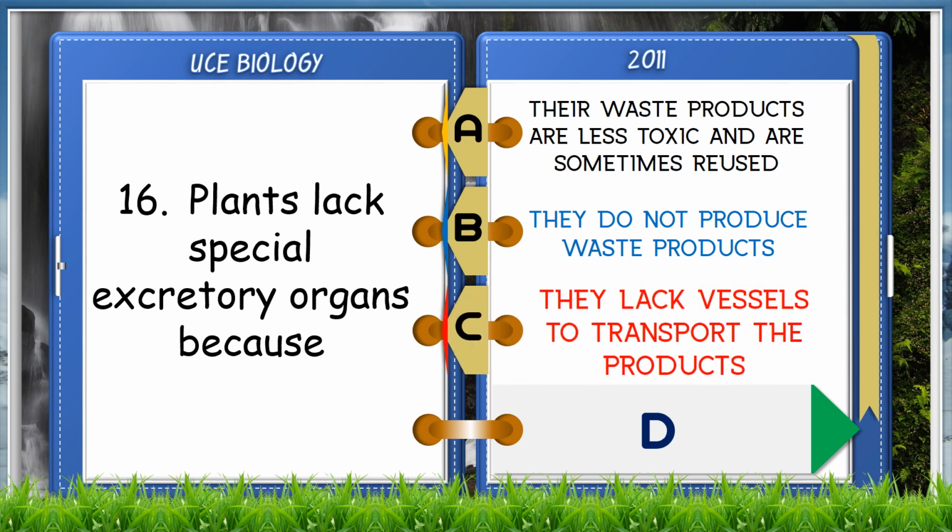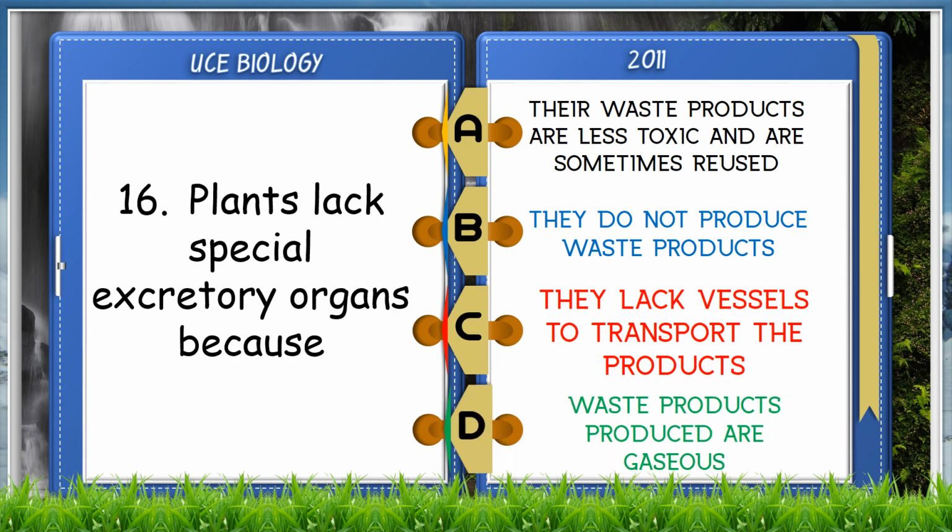C. They lack vessels to transport the products. D. Waste products produced are gaseous. The answer is A. Their waste products are less toxic and are sometimes reused.